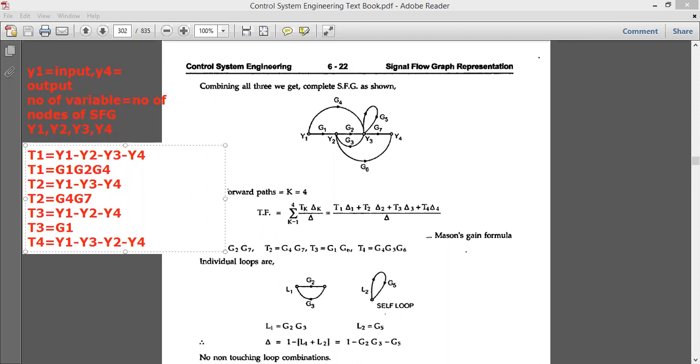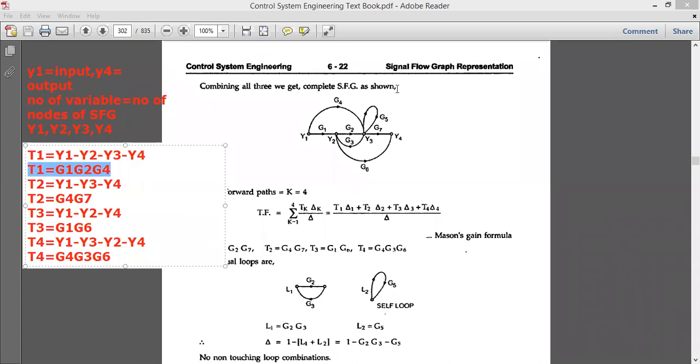Between Y2 and Y4, we have G6. Similarly, for T4, between Y1 and Y3 we have G4. Between Y3 and Y2, we have G3. Between Y2 and Y4, we have G6. In this way, we find the transfer function values for the given forward paths.